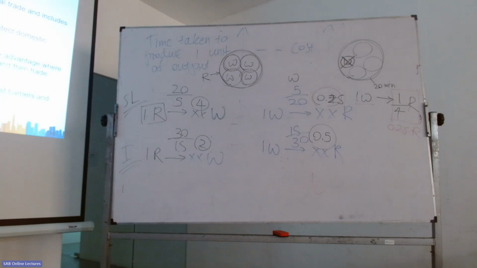Protectionist measures run counter to the principle of competitive advantage, where countries specialize in the goods with the lowest opportunity cost and then trade goods with other countries. So protectionist measures are against competitive advantage.